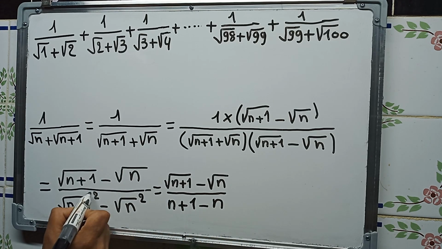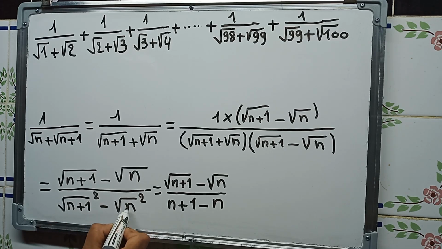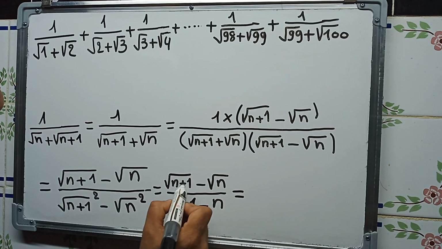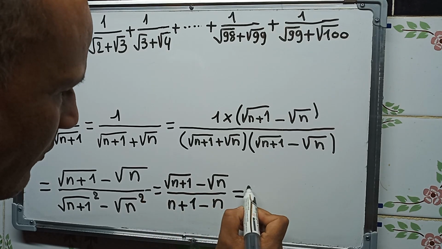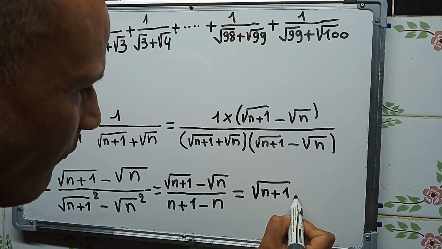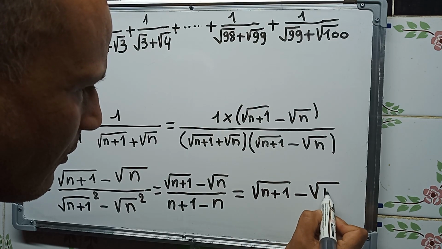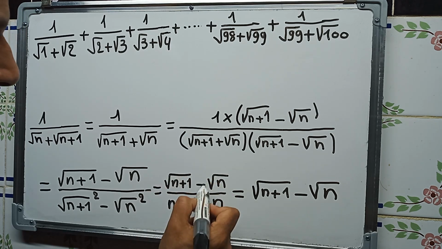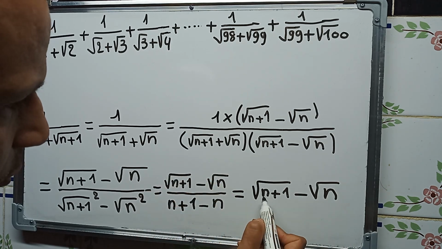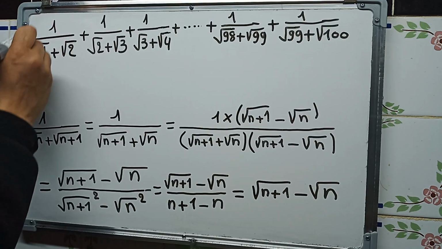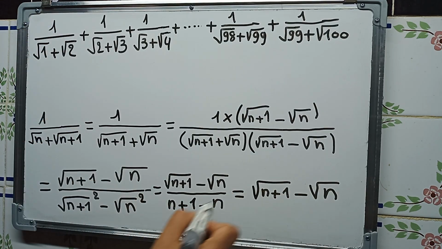Square root of n plus 1 squared is n plus 1, square root of n squared is n. And here you see n will cancel, and we will have square root of n plus 1 minus square root of n over 1. Here n cancels with n, we will just have 1. And this number over 1 is just square root of n plus 1 minus square root of n. So we have written our term as a difference like this.